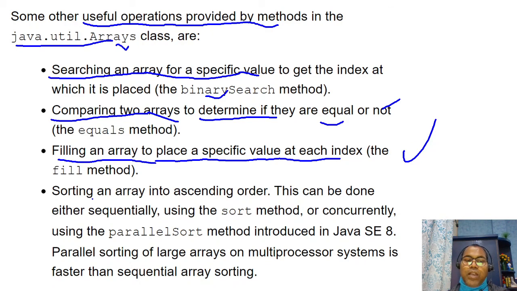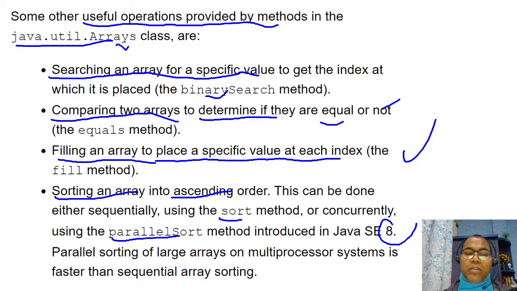We also have a sorting method for sorting an array in ascending or descending order. And from Java 8 onward there is an option for parallel sorting, if your array is huge, instead of one thread sorting your array.